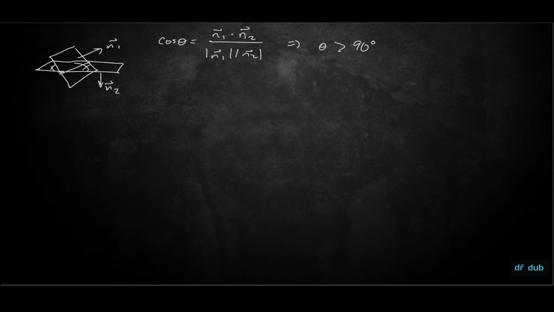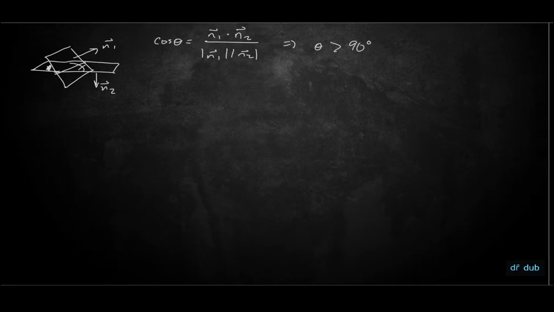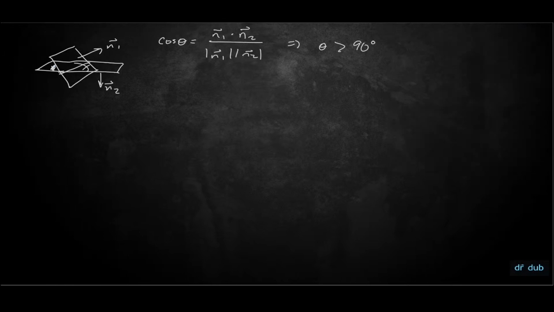But there's also an acute angle over here. So the blue angle is actually an acute angle. We'll call it theta C. Theta C would be 180 minus theta. So that's a possibility.